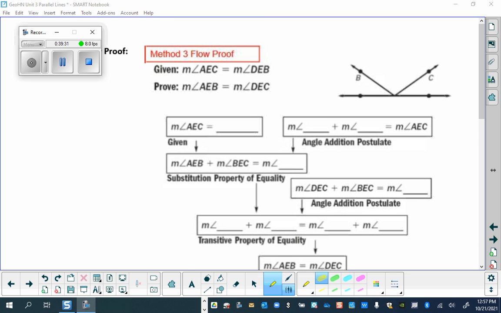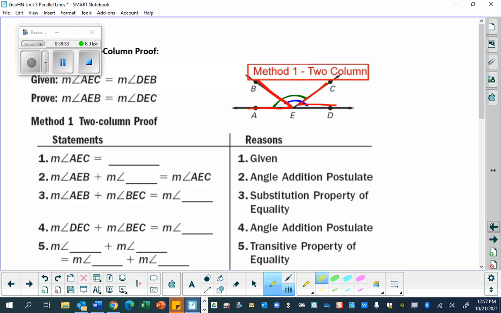So the first version of this proof was on purpose supposed to be the easiest. I passed out note pages that have all 3 of the proofs on them. So whether you want to work from the half sheet or the note page, that's up to you. But I want you with me talking about each of these 3 proofs. Are you ready?